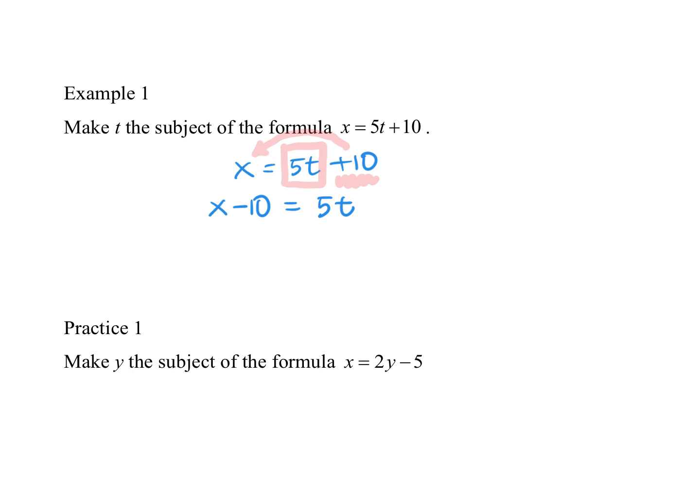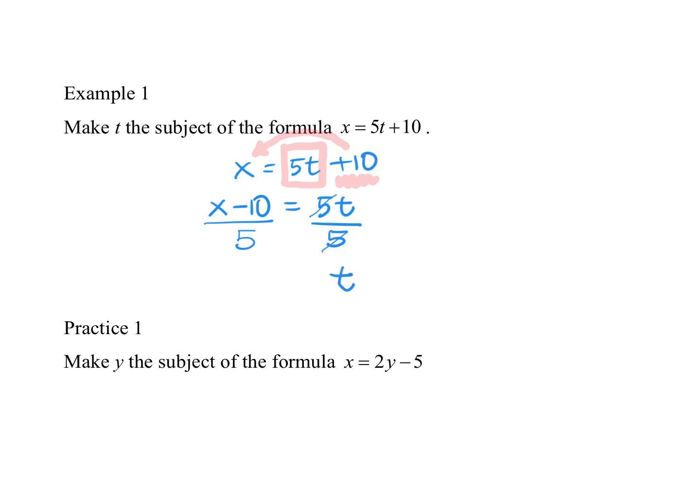Okay, so now 5t is on its own, and t has 5 bodyguards. The relationship between 5 and t is multiplication, so I'll do the reverse operation. I shall divide and conquer, right? So I shall divide away 5 on both sides. The moment we do this, you'll notice the 5 and the 5 cancel away, so we'll be left with just t as the subject.